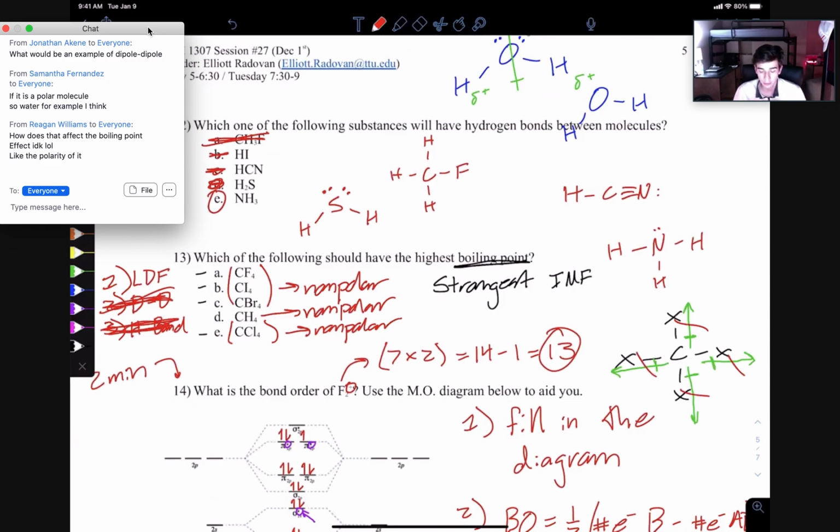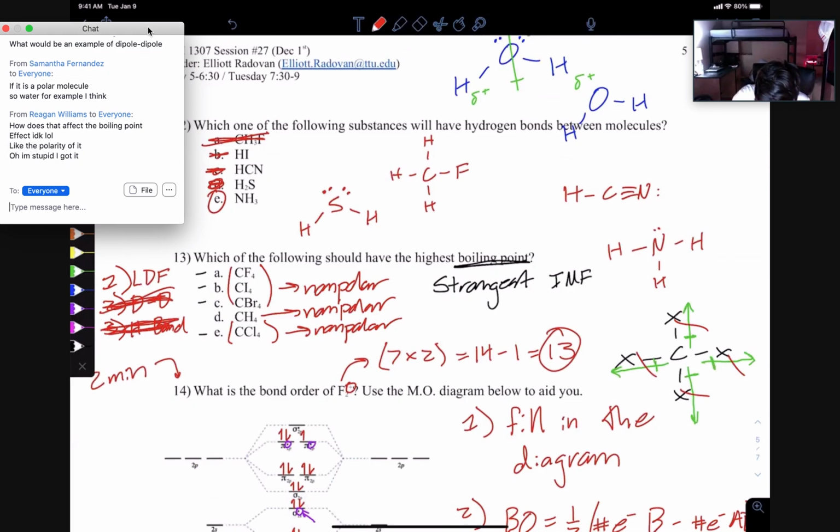And remember, London dispersion force is based off the molar mass. So for all of these molecules, it's a carbon central atom with 4 of the same atoms attached to it. So looking at this list, iodine is going to have the higher molar mass than fluorine, bromine, hydrogen, or chlorine. So that makes B the correct answer, because CI4 has the highest molar mass.